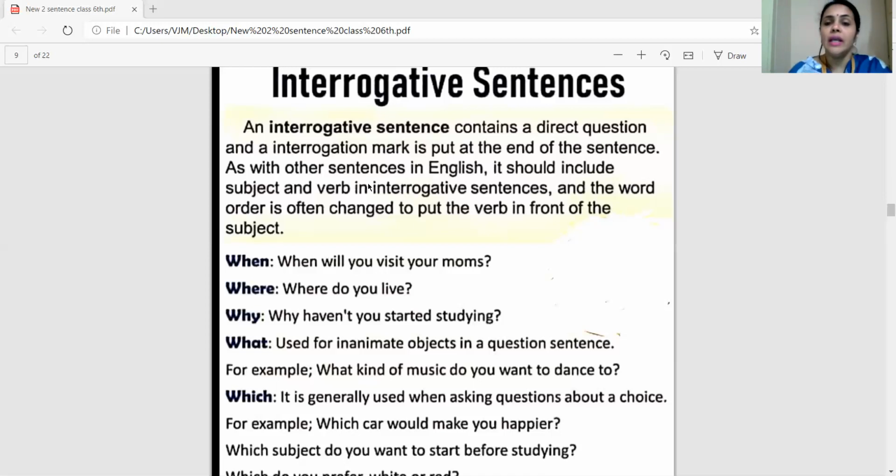So that is why the word order is often changed to put the verb in front of the subject. Generally, in a declarative sentence, we put the verb after the subject, but in interrogative sentences, the verb is put before the subject. And those words are auxiliary words like is, am, are, was, were, can, could, have, had, in this way. We cannot put the main verb in front of the subject.